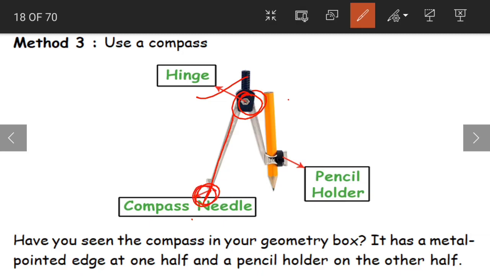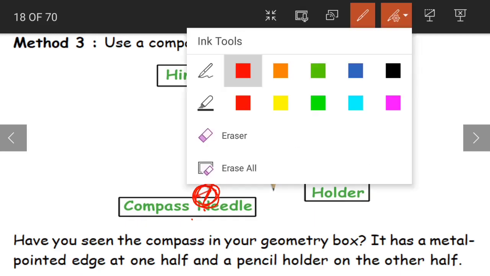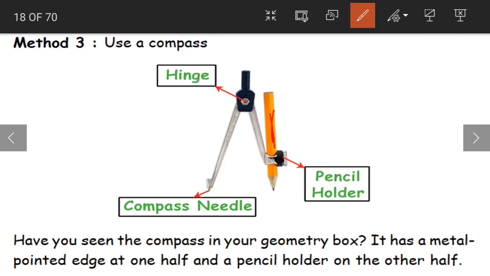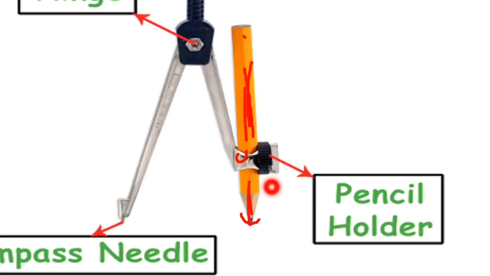See, this has a pointed edge on one side, and on the other arm we have a pencil holder. If you don't keep the pencil inside, it will look like a hole.